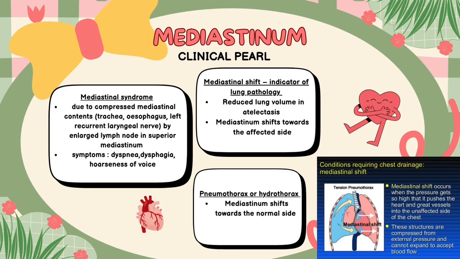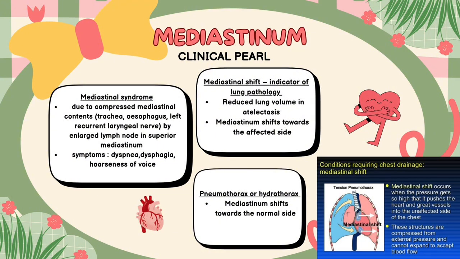Next is the mediastinum clinical pearl. Now, let us discuss a clinically important condition known as mediastinal syndrome. This occurs when mediastinal structures such as the trachea, the esophagus, and the left recurrent laryngeal nerve are compressed, commonly due to enlarged lymph nodes in the superior mediastinum.